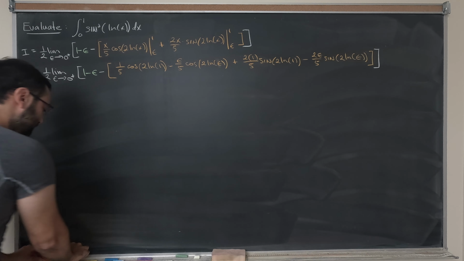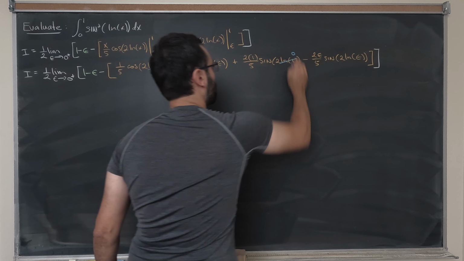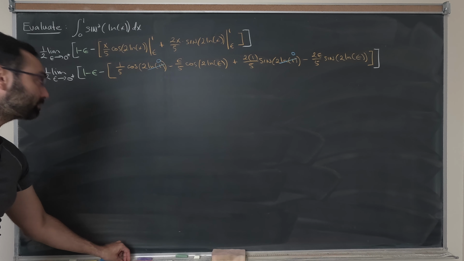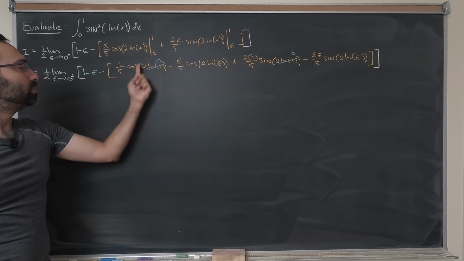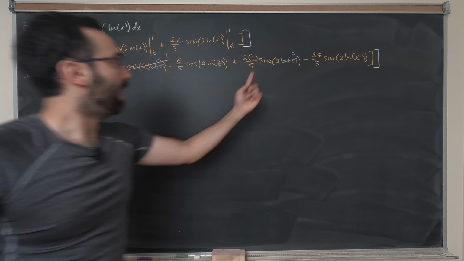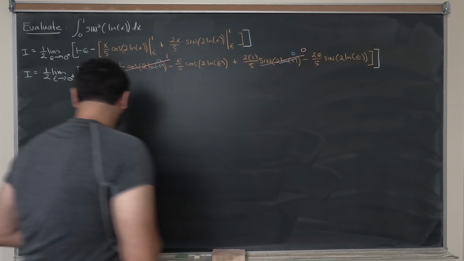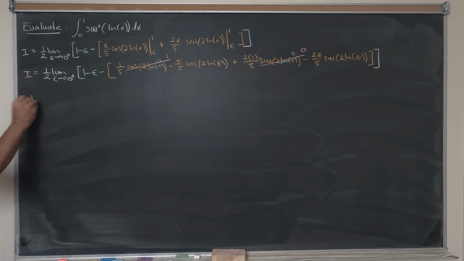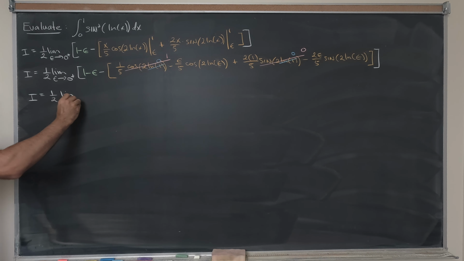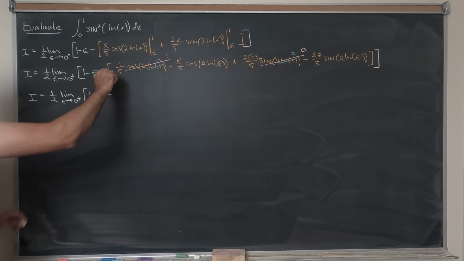Okay, good. Well, now let's take a close look. Here, ln of 1 is 0, and same over here. However, cos of 0, this is just 1. And here, sine of 0, that's 0. Okay, so what does this all boil down to? We have I equals half the limit as epsilon approaches 0 from the right of 1 minus epsilon minus this orange piece here.